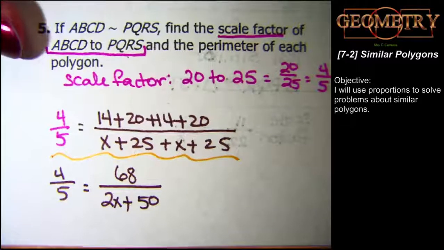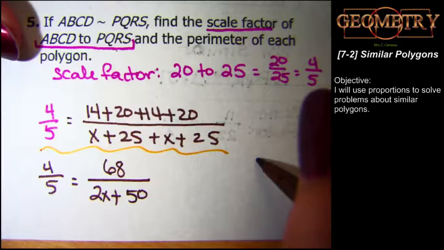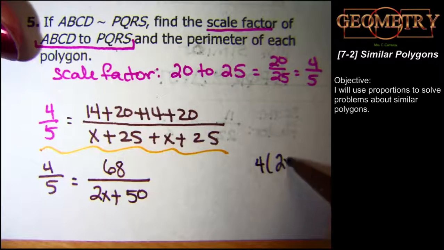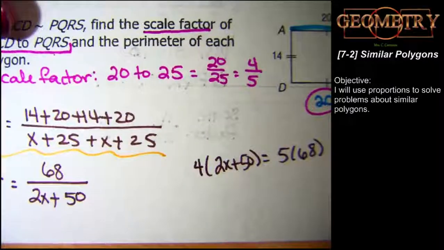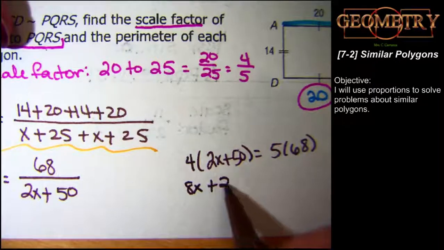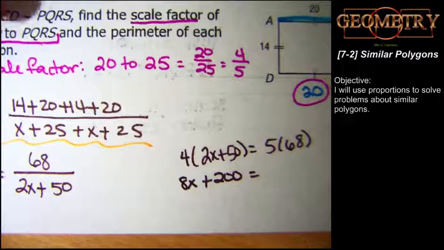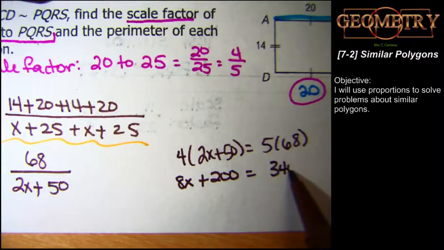Which still looks intimidating, but it's a fraction equal to a fraction, which means I can totally just cross multiply and solve. So 4 times 2x plus 50 equals 5 times 68. So 8x plus 200 equals 340. Okay.